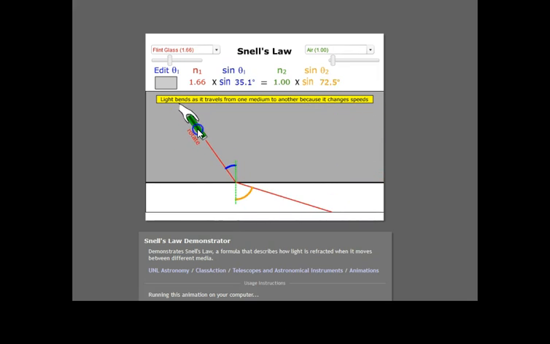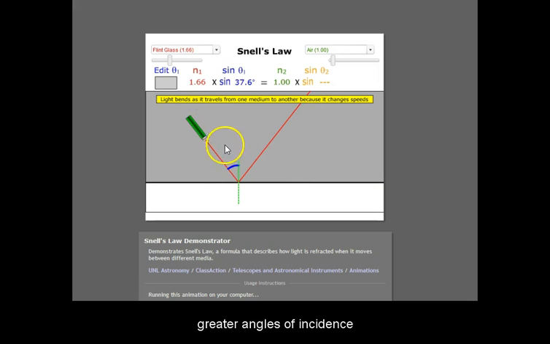When the index of refraction of the incident medium is so great, then at greater angles of incidence, there won't be a refracted ray, rather there will be what is referred to as internal reflection.